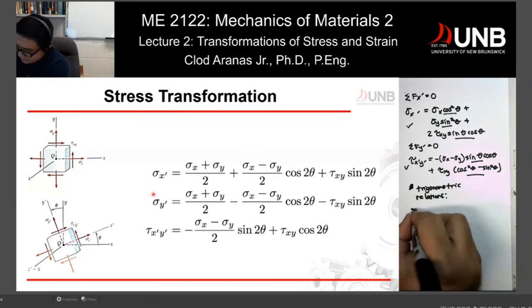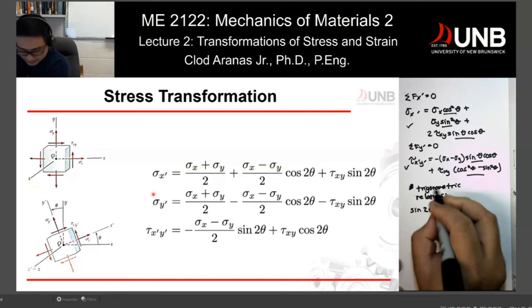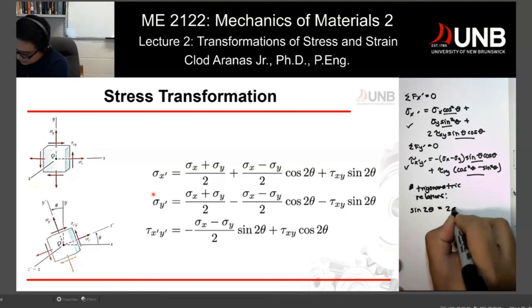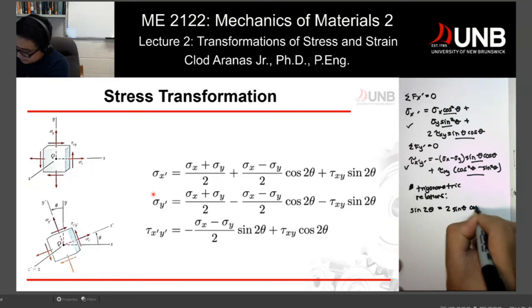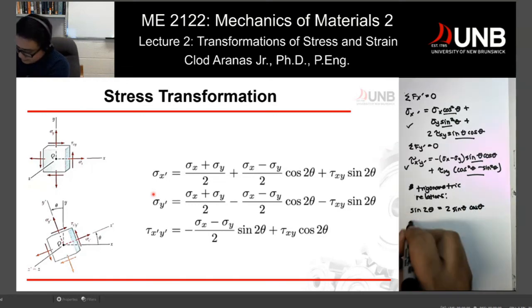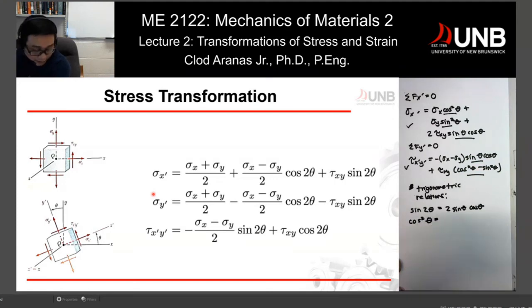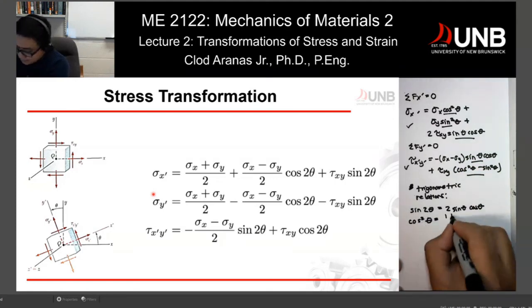For example, sine 2 theta is equal to 2 sine theta cosine theta. I'm just writing some of the trigonometric relationships that you learned from your trigonometry, I hope.